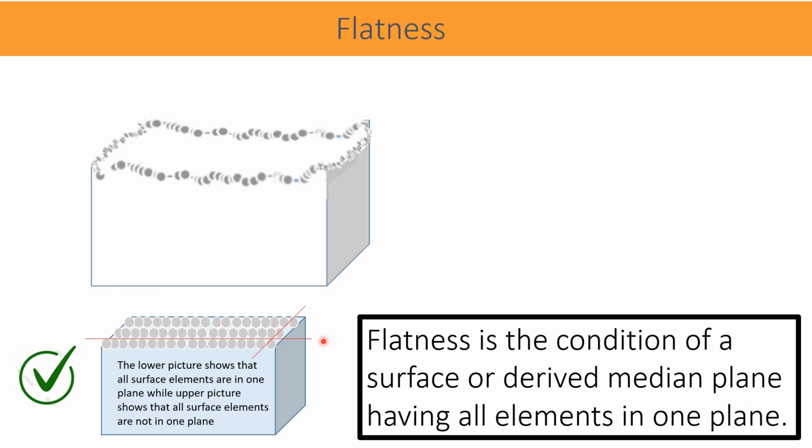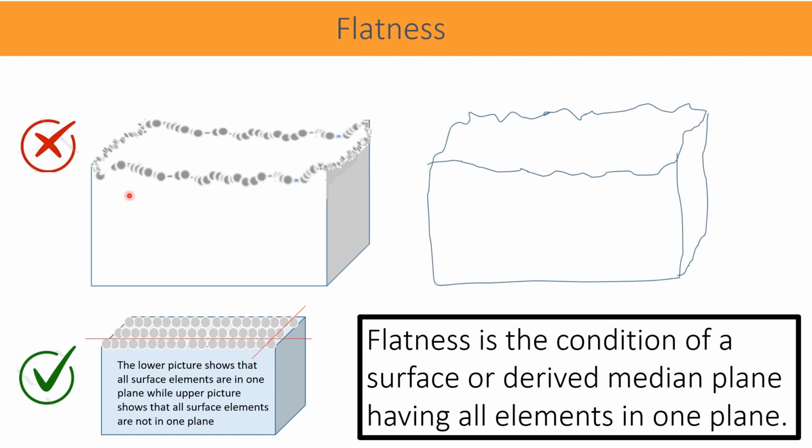Here another surface shows that all the points or elements are at different levels or heights, obviously not in a single plane. Therefore, the surface is not flat, or has a flatness error.